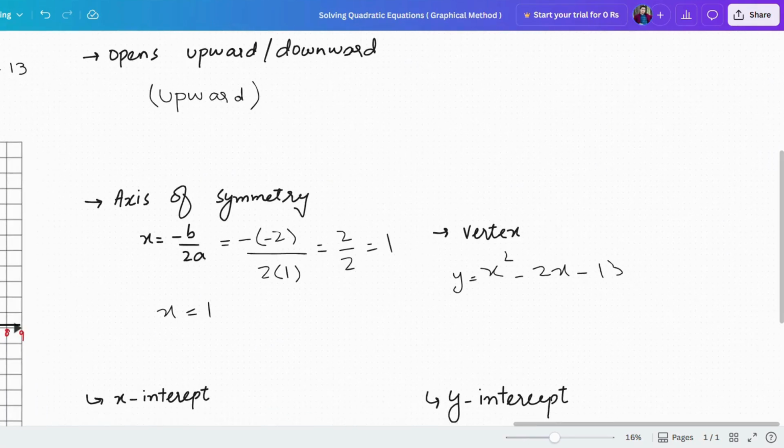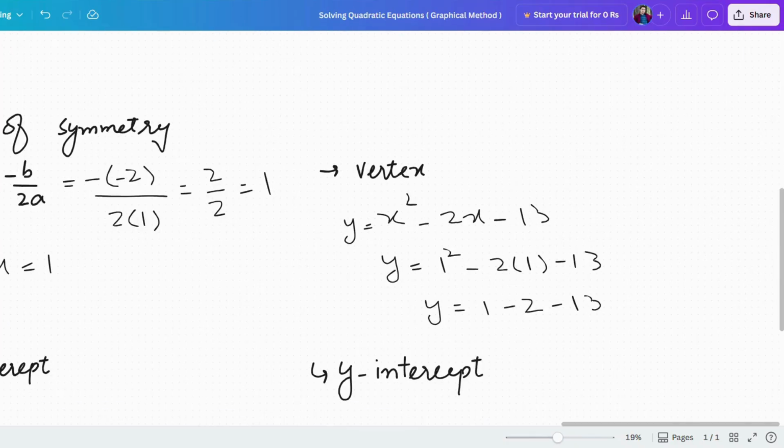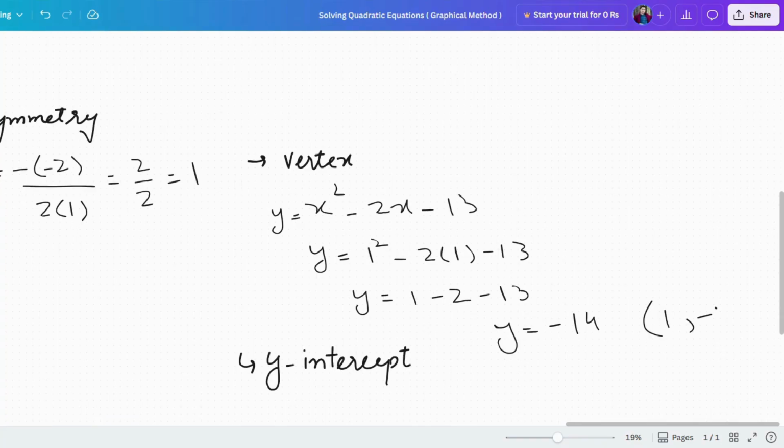By this I will put the value in it. So y is equivalent to 1 square minus 2 into 1 minus 13. So y would be equivalent to 1 minus 2 minus 13, which is negative 1 minus 13. This would be equivalent to y is negative 14 for this one. All right, so x is 1 and y is negative 14.